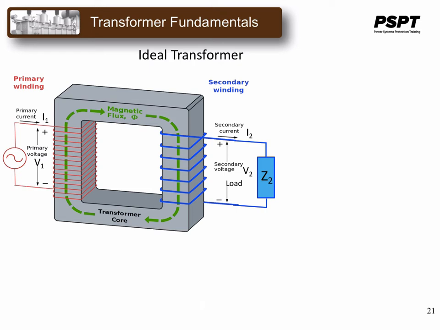When a voltage is applied to the primary of a transformer and a load is applied on the secondary, a voltage appears across the load according to Faraday's law. The current in the secondary will therefore be determined by the impedance of the load, which we have labeled Z2 here.